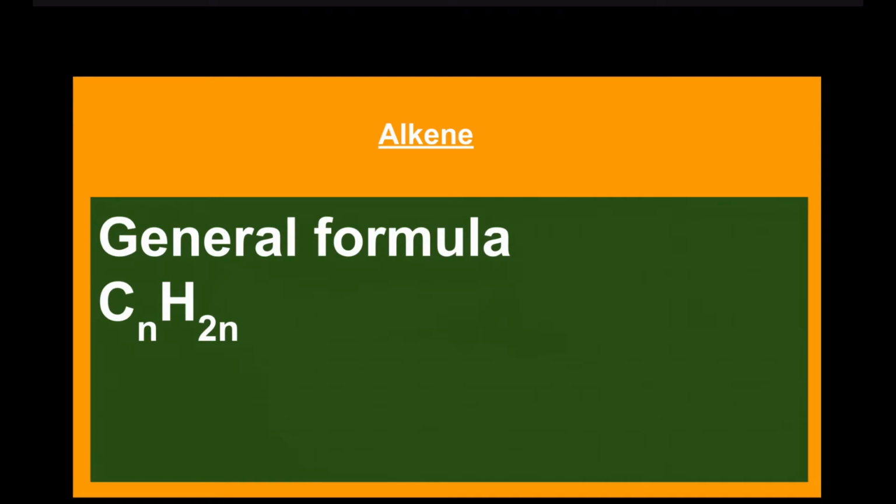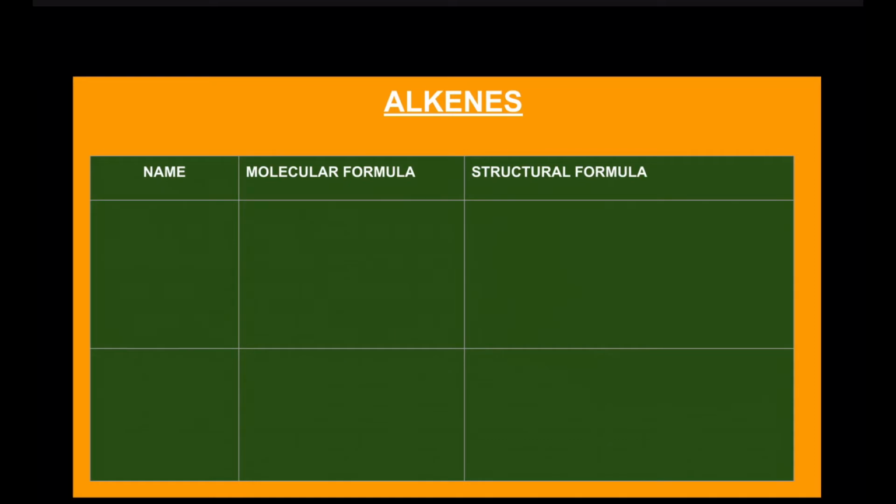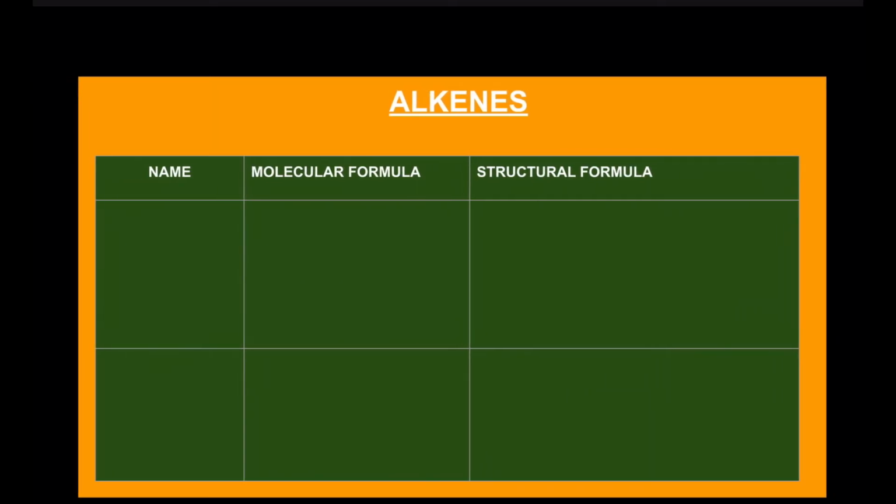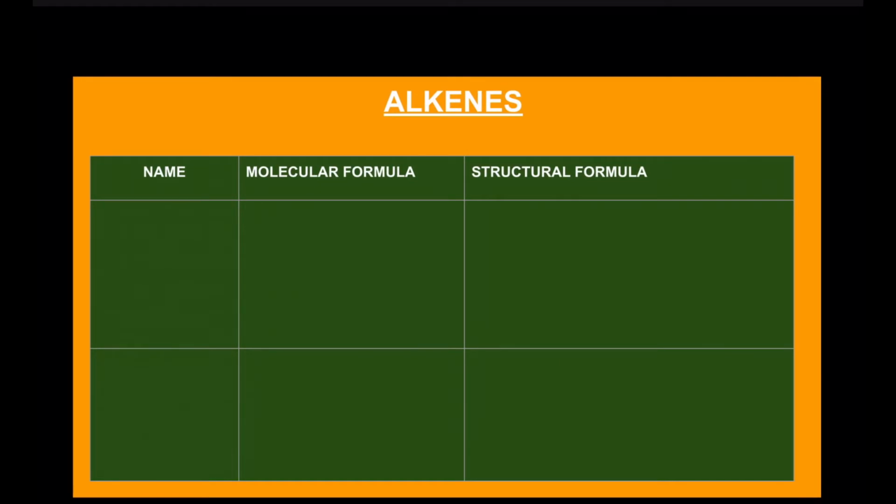Alkene. In case of alkene, the word root is written and the suffix is "ene". This is how the naming of alkene is done. The general formula is CnH2n. The first homologue of alkene will have 2 carbons in it.